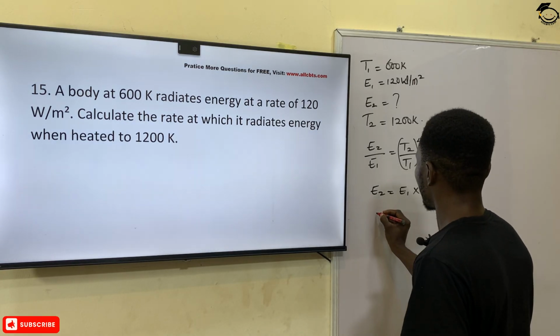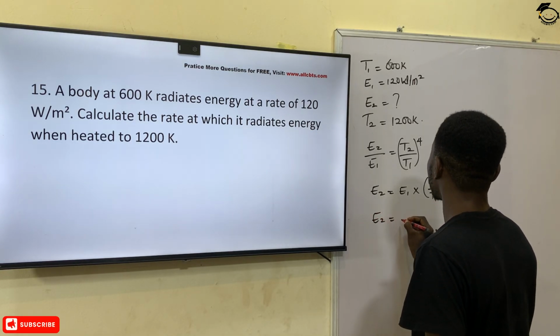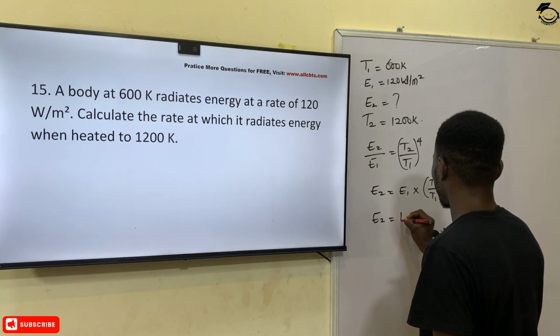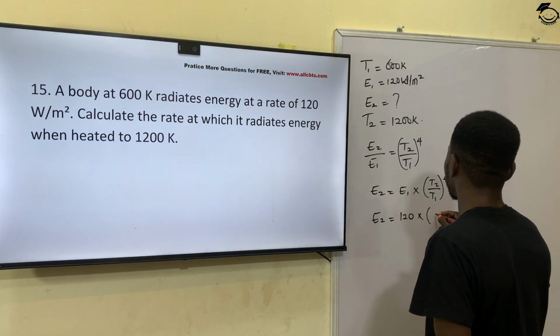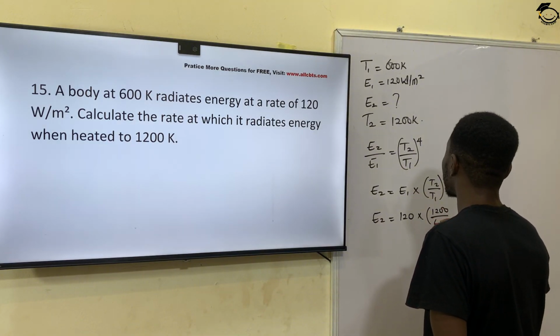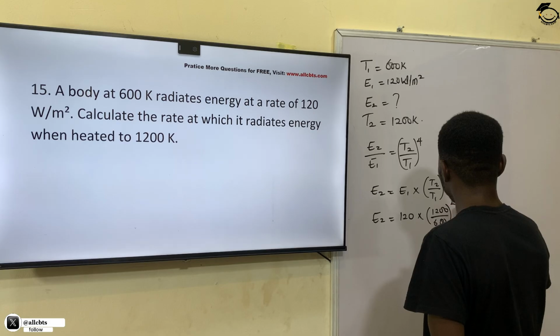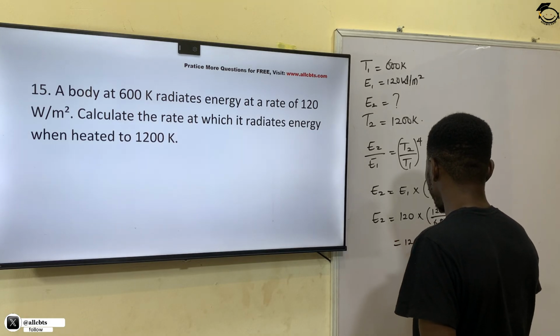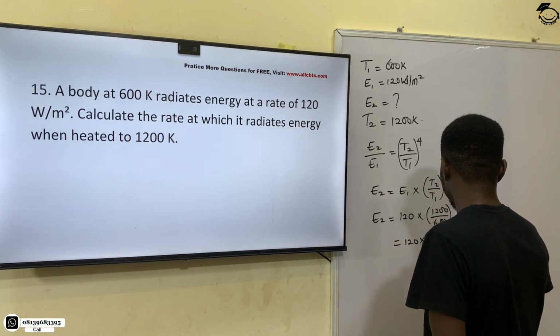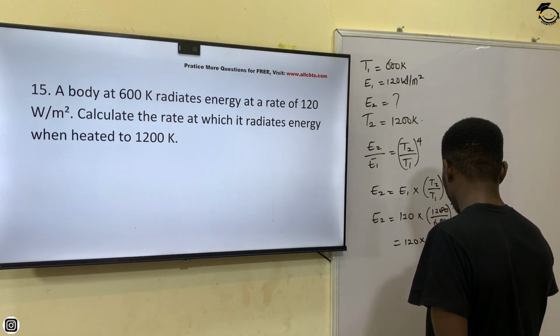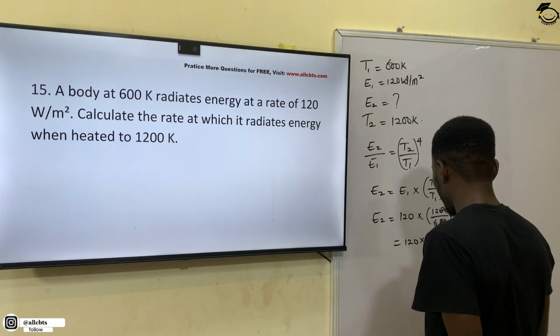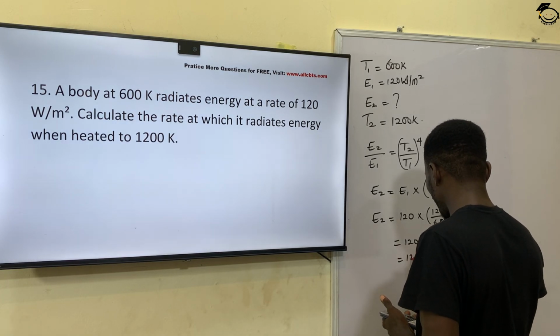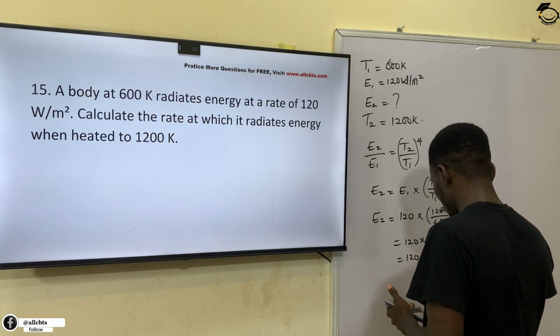This is the same as saying E2 is equal to 120 times 1200 divided by 600, all raised to the power 4. So this will give me 120 times 2 raised to the power 4, which is 120 times 16.